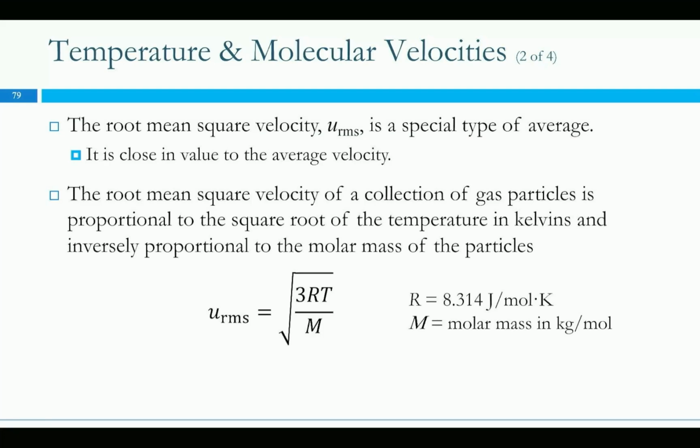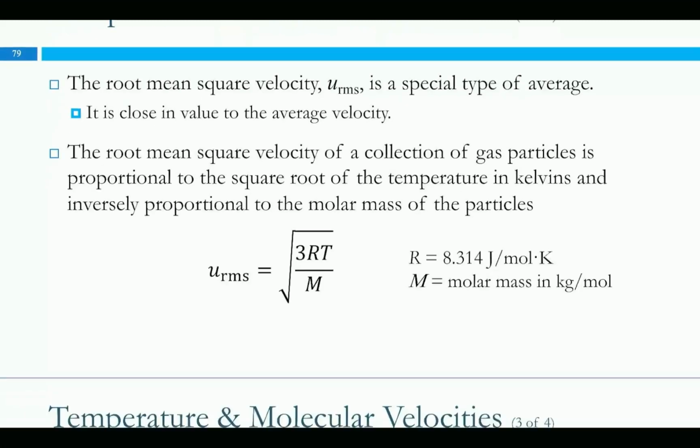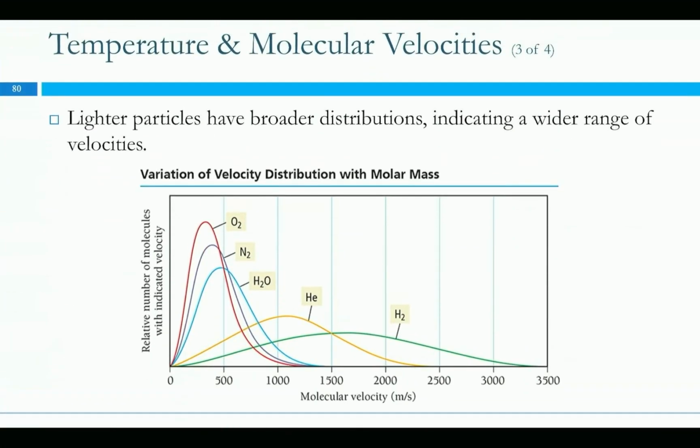But that distribution, how many are going fast and how many are going slow, changes as you change the temperature. Increasing the temperature means more of them are going fast. So this is just to say that the temperature affects the speed, the molar mass affects the speed, and we're talking about the average speed of all the particles of that gas.